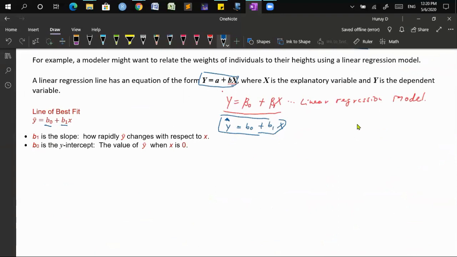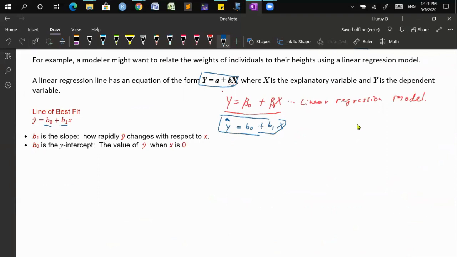So here, b sub 1 is the slope, and it tells us how rapidly y hat changes with respect to x. And b sub naught is the y-intercept, which is the value of y hat when x is 0.